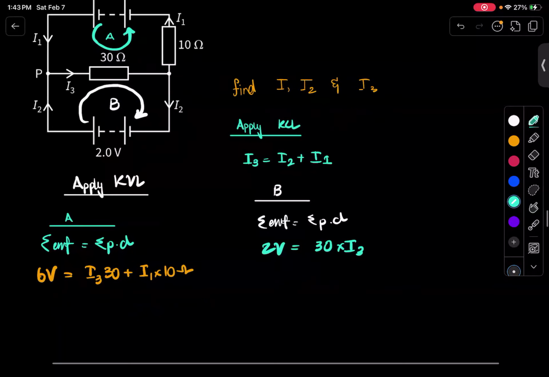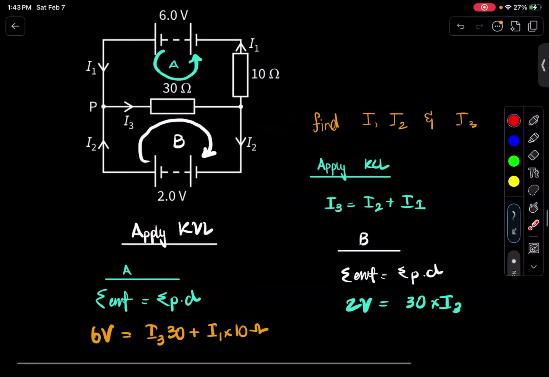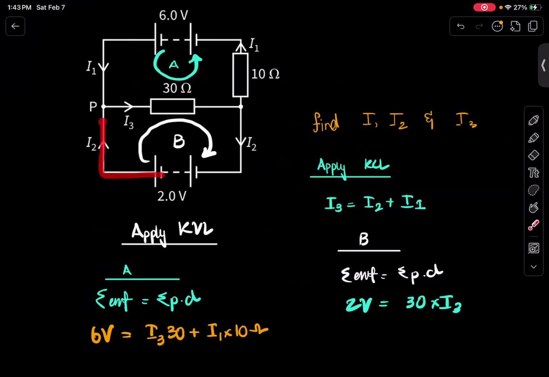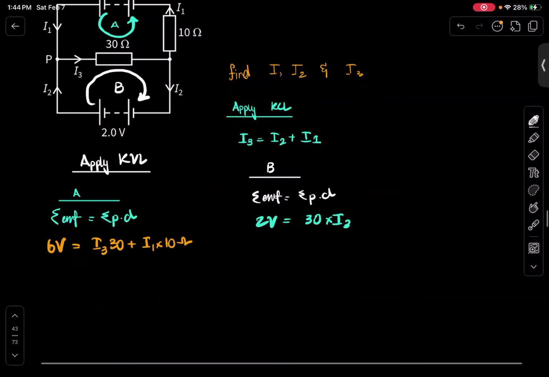Oh, that's it. I have figured out I3, right? Because according to this loop, there is only one potential drop, which is this 30, and this 30 has I3 going through it. So that's pretty easy, right? Now let's check it out.